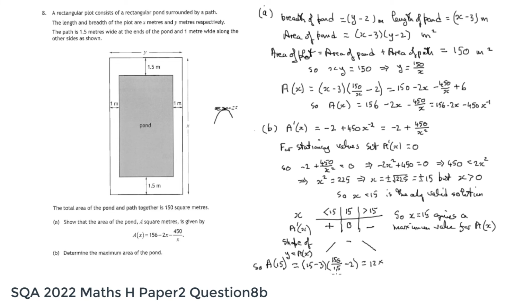The second bracket, 15 into 150 is 10. 10 minus 2 is 8. 12 times 8 is 96. So we can now happily say that the maximum area of the pond is 96 square meters. And we've proved it's a maximum using this table of signs, as it's called.